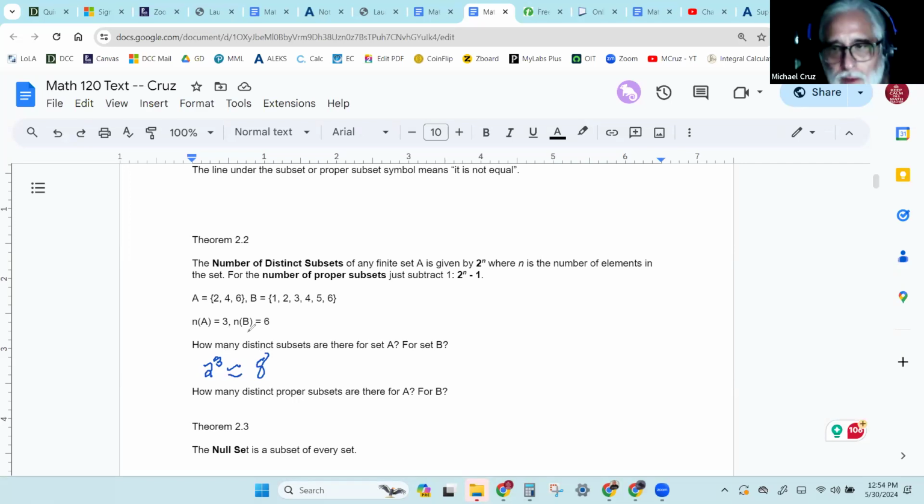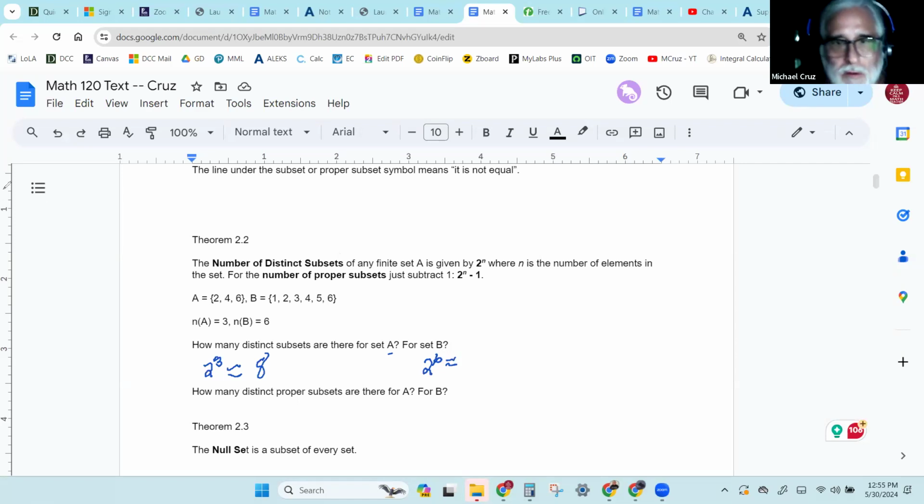All right. Now let's go down here and do this one, and then we'll come back and do the proper subsets. Both of these are subsets. So A had 3 elements, B has 6 elements. So for B, 2 to the 6th power.